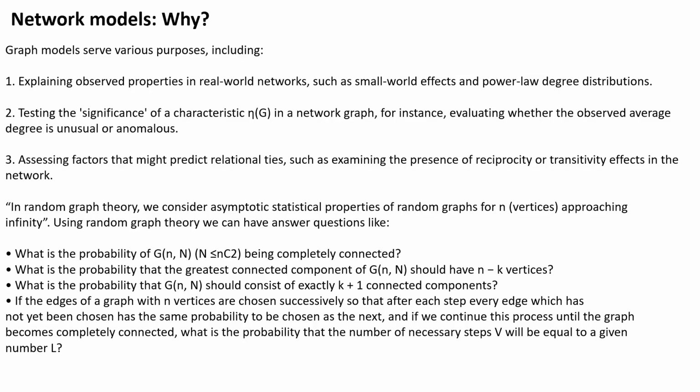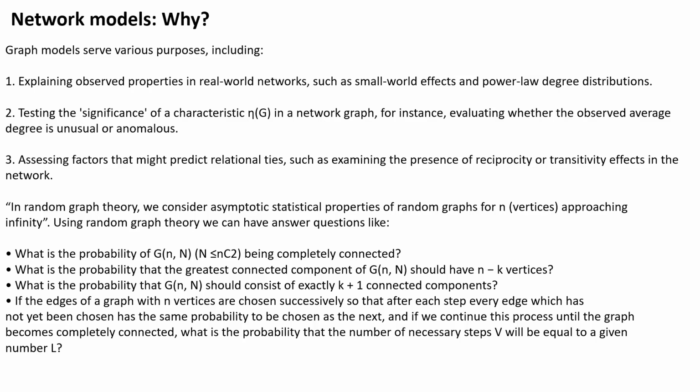So you build different models and check where your observed average degree lies in the distribution. Is it towards the tail end of the distribution? If it is, then it is statistically significant. If it is not, then it is random.